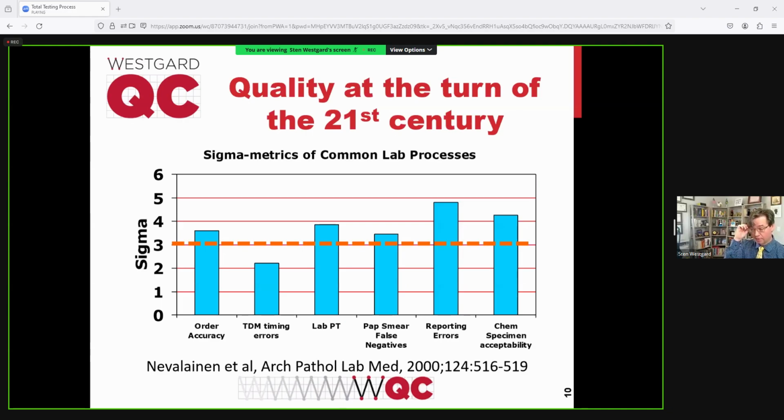But the major advisory groups, IFCC, on pre-analytical error, say when you look at pre-analytical processes, you should put it on the Six Sigma scale, because our own regular perception of an error rate is different than what we need to do as a system.